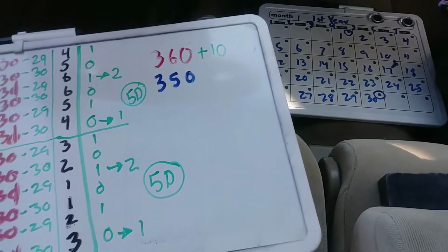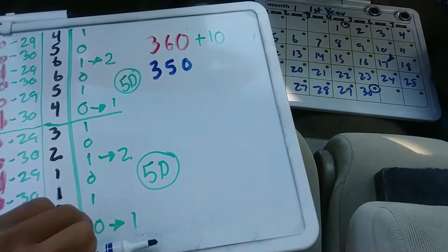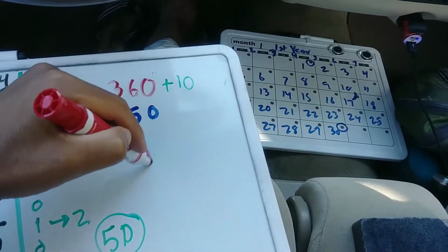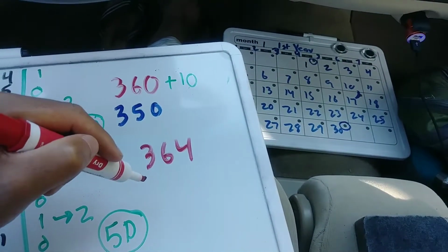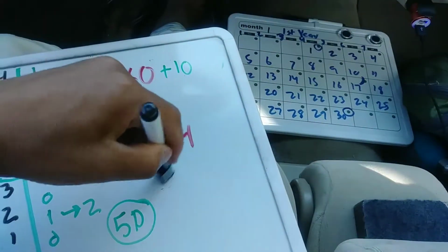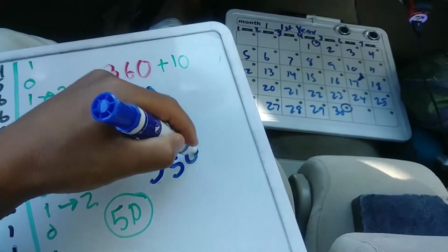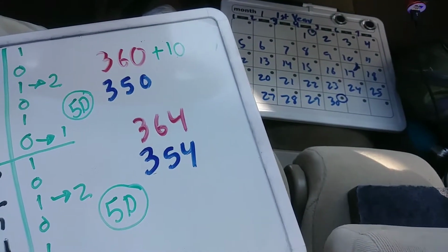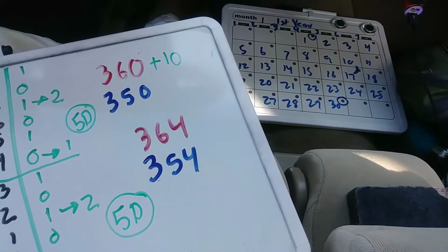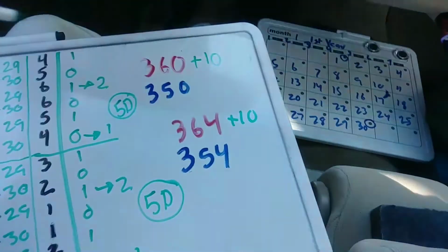Then these numbers here convert as follows: 364 and then 354. And yet the sun still has this overplus of 10 days.